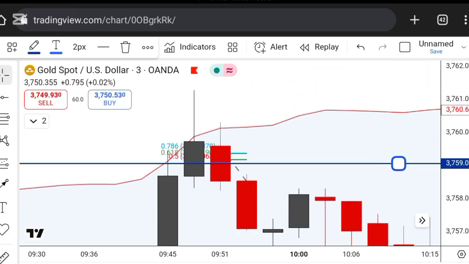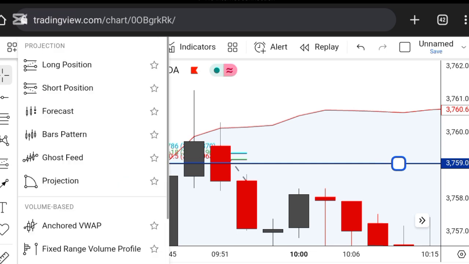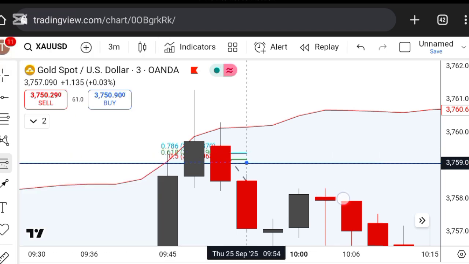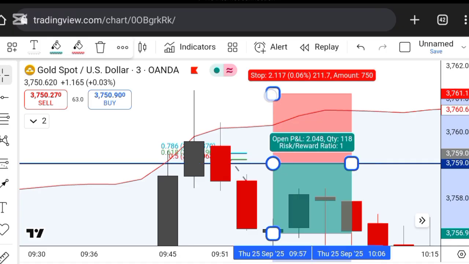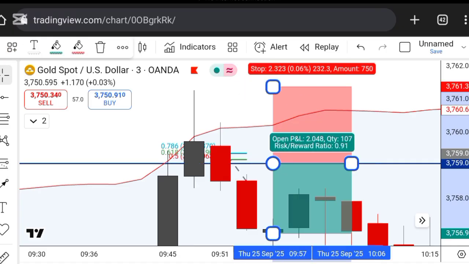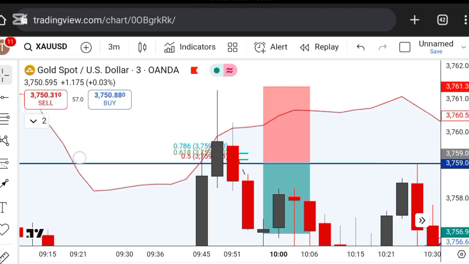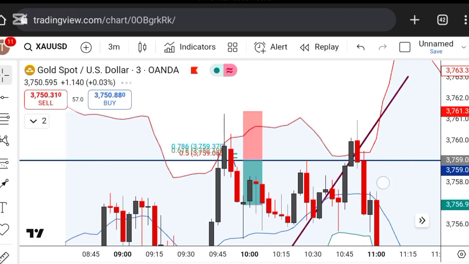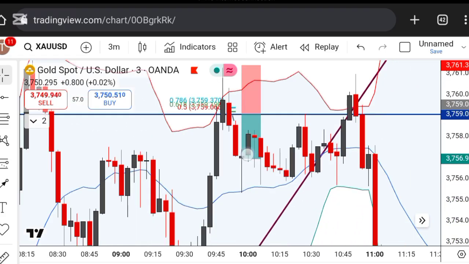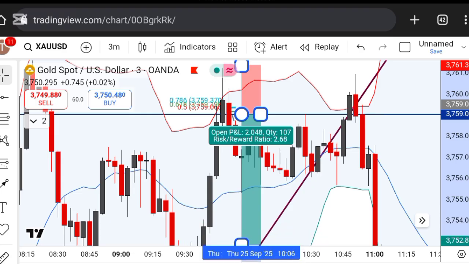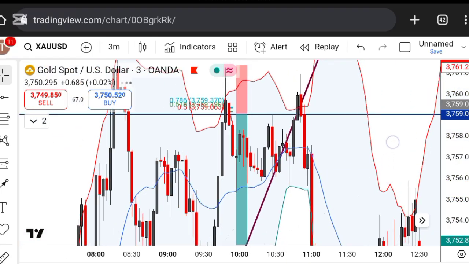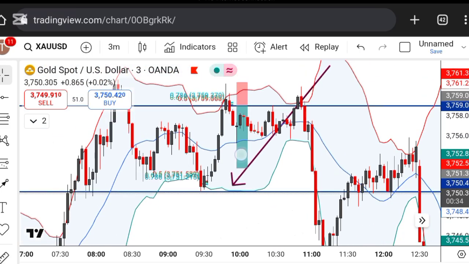My stop loss range will be, since I'm going to take a short position, placed above that zone. I'm going to go for 1:4, 1:5, 1:7.